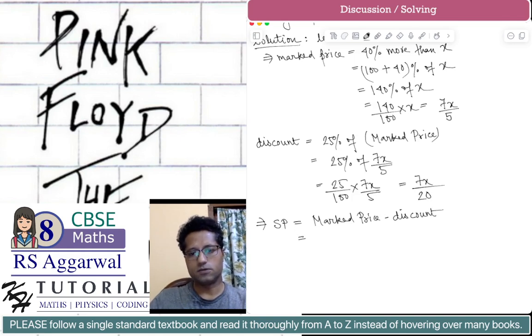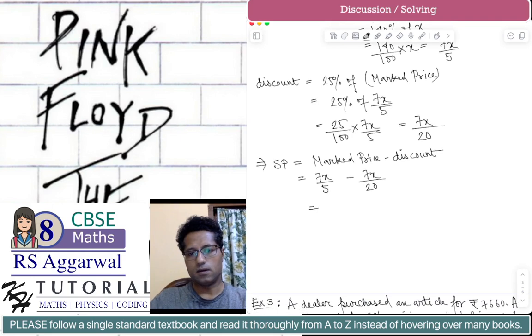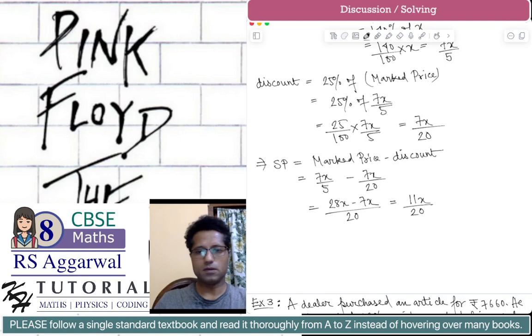Marked price was 7x by 5 and the discount is 7x by 20. If you simplify this, we will get 28x minus 7x by 20. This is equal to 21x by 20. So this is the selling price.